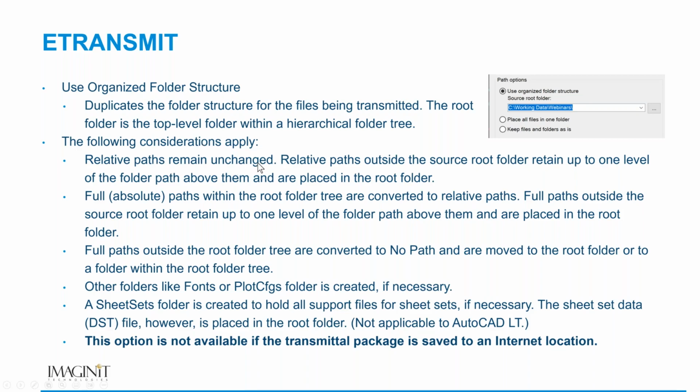So relative paths remain unchanged. Relative paths outside the source root folder retain up to one level of the folder path above them and are placed in the root folder. Full absolute paths within the root folder tree are converted to relatives. Full paths outside the source root folder retain up to one level of the folder path above them and are placed in the root folder. And then full paths outside are converted to no path and are moved to the root folder.